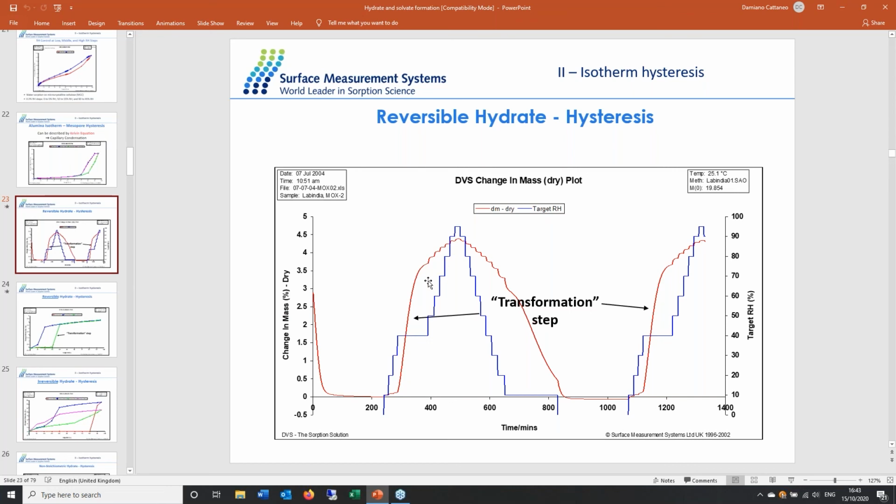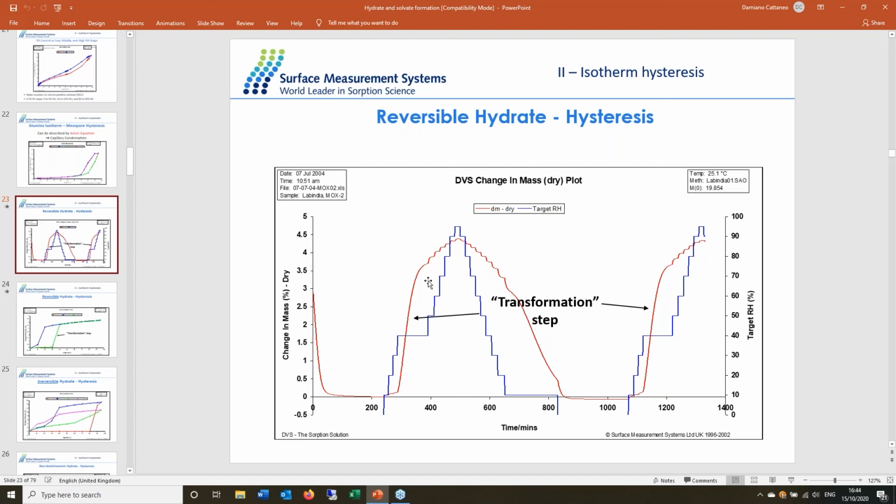Now, what we do in those stages is use a criterion of equilibrium rather than using a time. We can, if we want to, run this stage for, I don't know, 4 hours, 6 hours. However, the best way to run the experiment is, rather than selecting a time, selecting a delta mass over delta time criterion. That criterion allows us to set a value of equilibrium that we call the equilibrium condition of the mass.